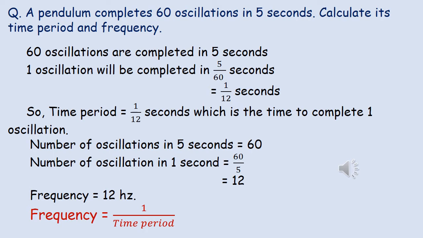Note that time period was 1 by 12 second and frequency is 12 Hertz. So we can say that frequency and time period are reciprocal to each other. This is an important relationship we have to remember. We will be using it for doing numerical problems.